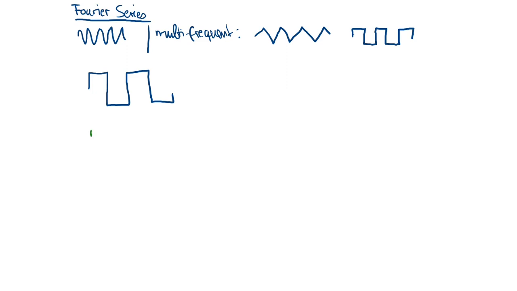So the first monochromatic signal has the same frequency as the rectangular signal, and then there are oscillations with 3 times the frequency, but weaker, and then 5 times the frequency, but even weaker, and 7 times the frequency, and so on.